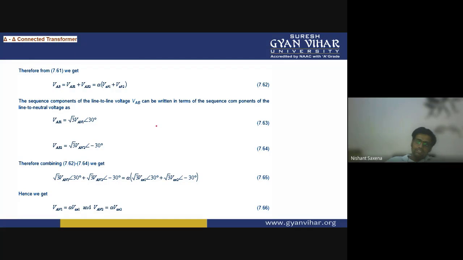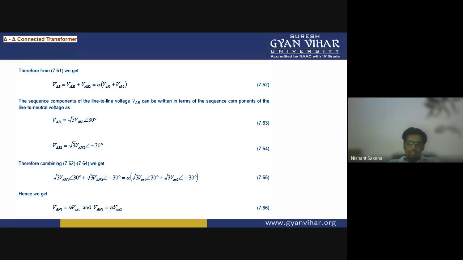Now, the sequence components for the line-to-line voltage VAB can be written in terms of the sequence components of the line-to-neutral voltage this way. VAB1 is equal to root 3 times VAN1 with a phase angle difference of 30 degrees.